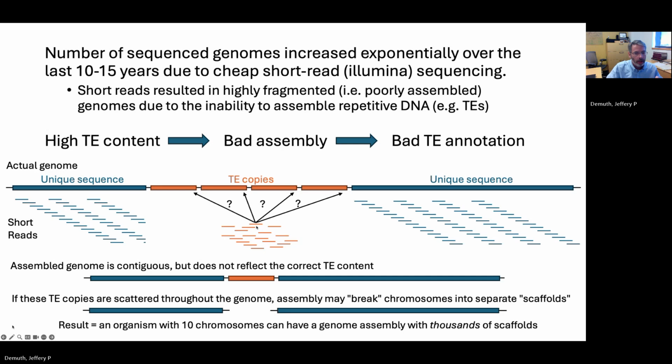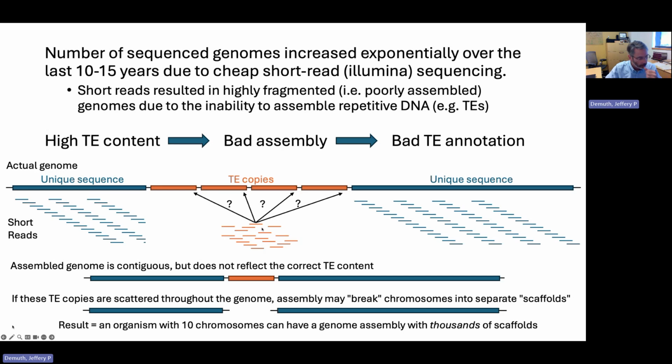So even in the best case scenario, what will happen is you'll get an assembled genome that's contiguous, right? We got one stretch that goes through this whole chunk of the genome, but we only assembled one copy of that transposable element, right? Because wherever there's overlap, they're all going to assemble just one copy of this thing. Now, because there are 4 versions of it, you might have a lot of reads.